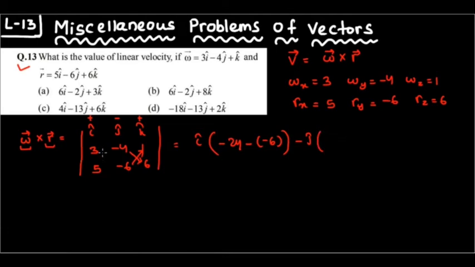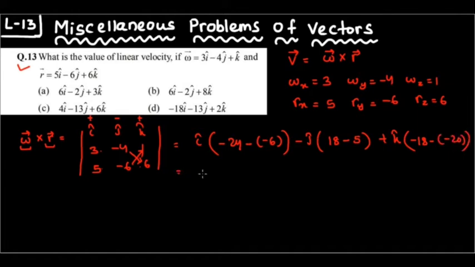So you'll get 3 into 6, that will be 18, minus 5 into 1, 5 into 1 will be 5. So write 5 here. Now the third term is k cap into 3 into minus 6 will be minus 18, then give a minus sign, 5 into minus 4 will be minus 20.